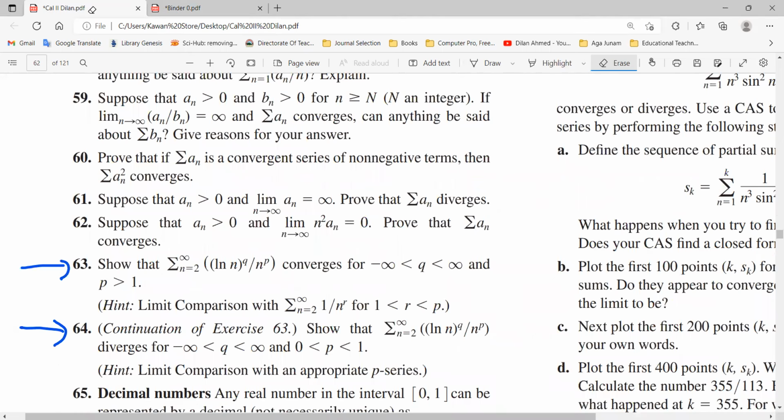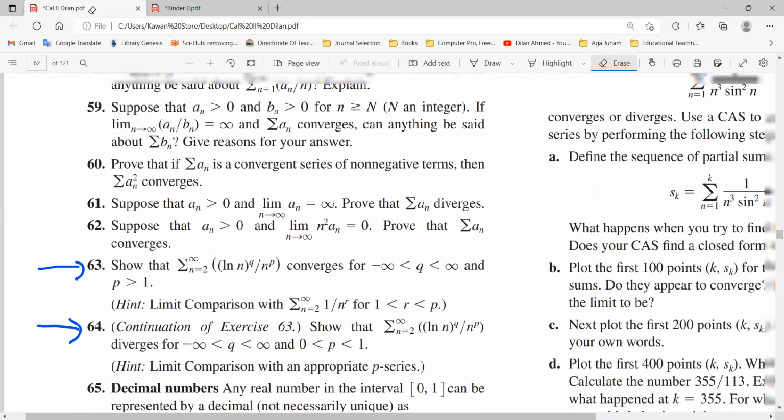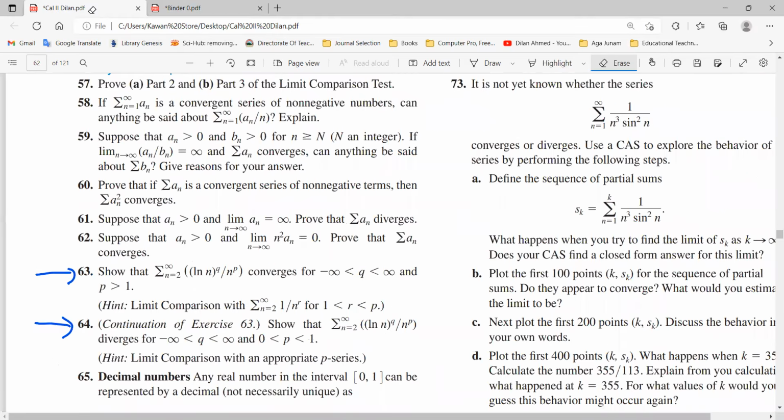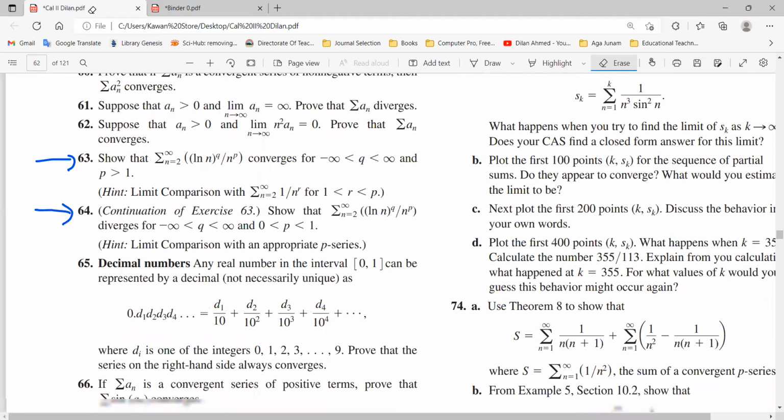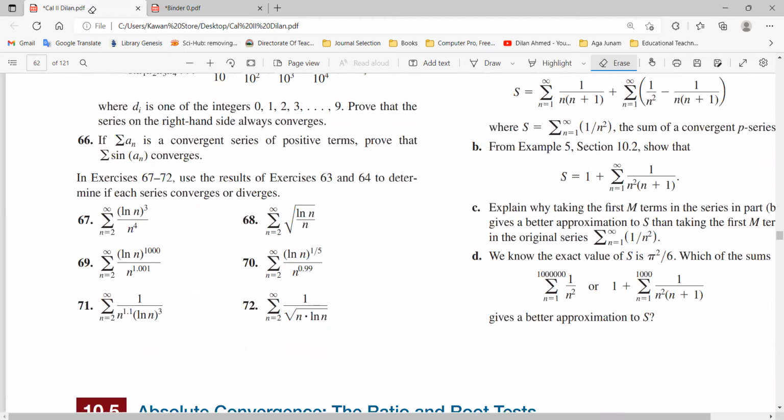Make this rule to answer example 3 as well. By using 63 and 64, you can answer 67 till 72.